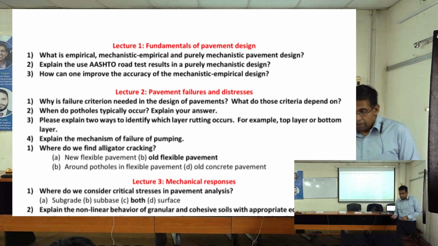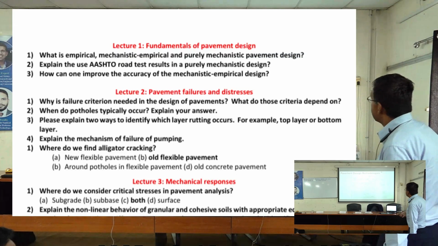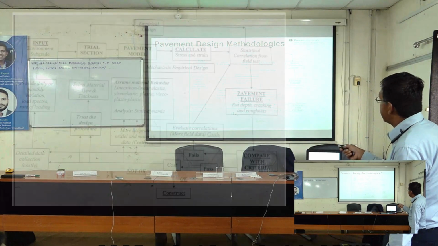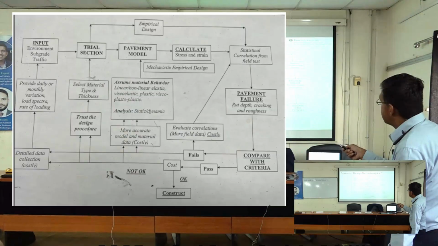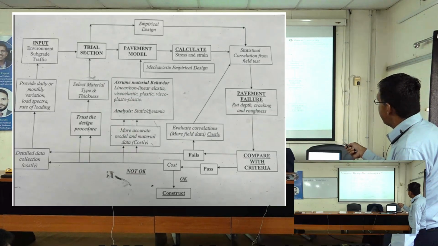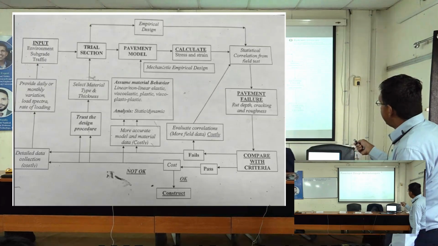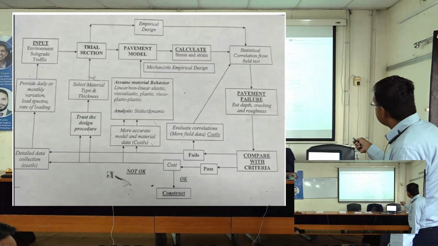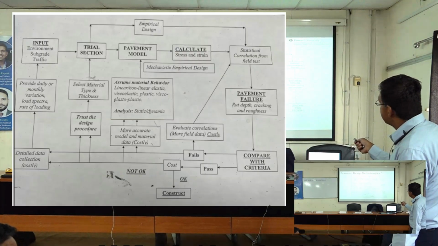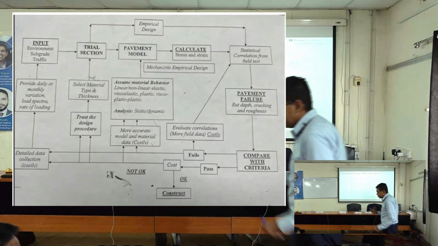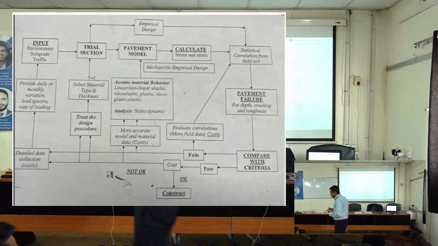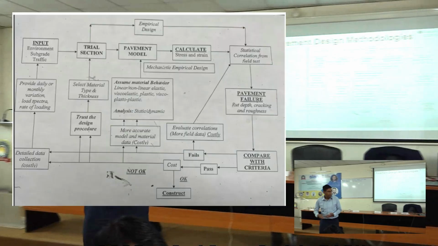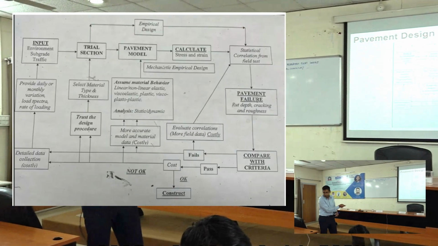Right here, once again, mechanistic empirical is where you get the parameters: environment, subgrade, and traffic. You select a trial section, you develop a model, you calculate stresses and strains, and then you correlate them with field performance, right? This is the key to the accuracy of the mechanistic empirical design. So if I do not trust that correlation, I have to get more field data.